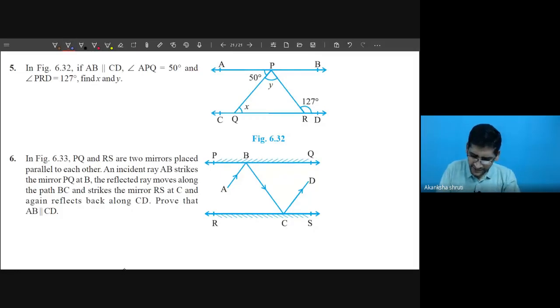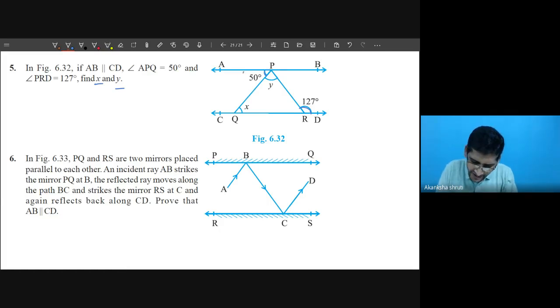In this figure, it is given that AB is parallel to CD and angle APQ is 50 degrees, and angle PRD is 127 degrees. We need to find X and Y. Can I do it in this figure itself? Observe this carefully.